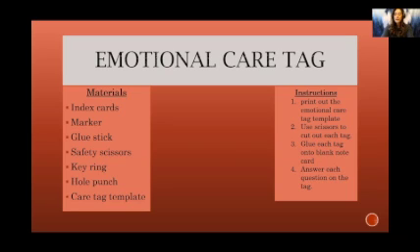Once you've figured out triggers or certain causes that make you feel that way, you are then going to talk about what you need to help you feel better, or what you need to help you process that emotion so that you can feel better. Once you figure out a healthy response or some form of self-care, you will put that into your third blank where it says I need.